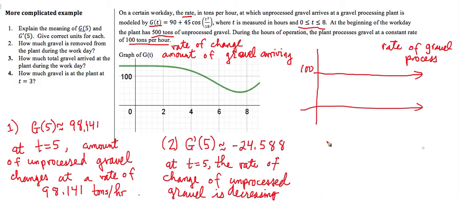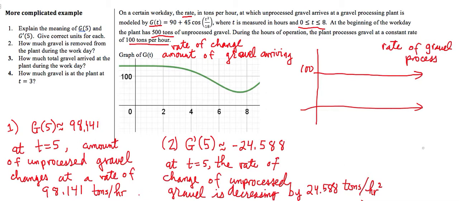It is decreasing by 24.588 tons per hour, because tons per hour is the rate of change of the amount, and we're talking about the rate of change of that. So we can say this is tons per hour squared.